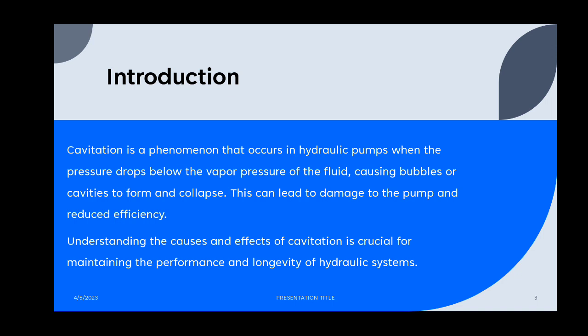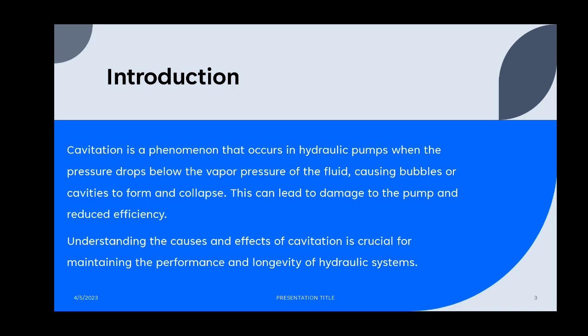Moving to the introduction, cavitation is a phenomenon that occurs in hydraulic pumps when the pressure drops below the vapor pressure of the fluid, causing bubbles or cavities to form and collapse.